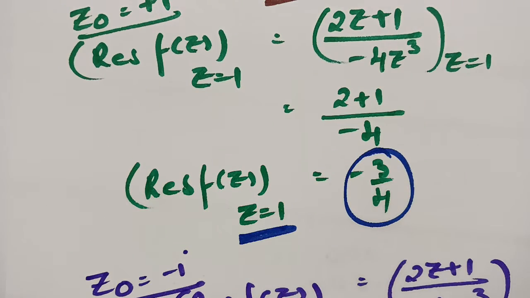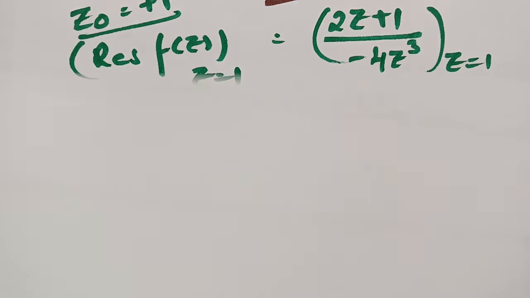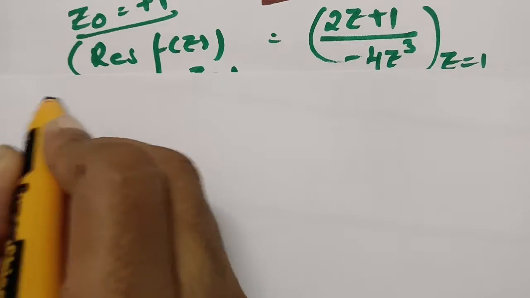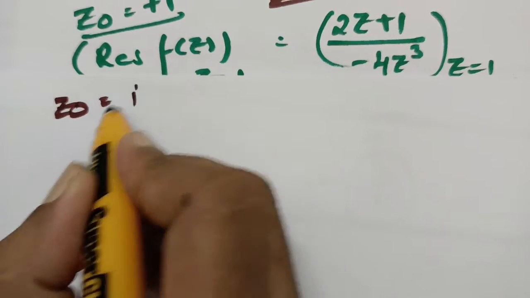And the next thing here is we have to find the residue for the pole z naught is equal to i. I am doing it for z naught is equal to plus i.